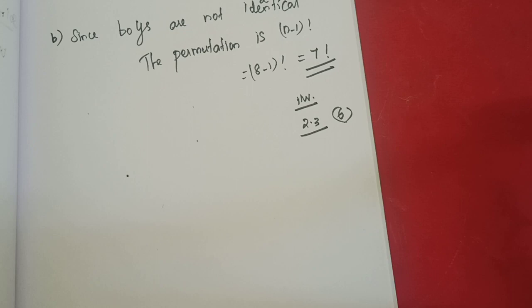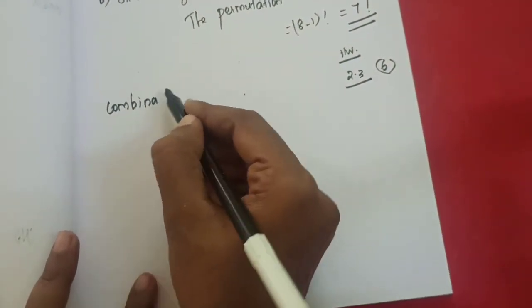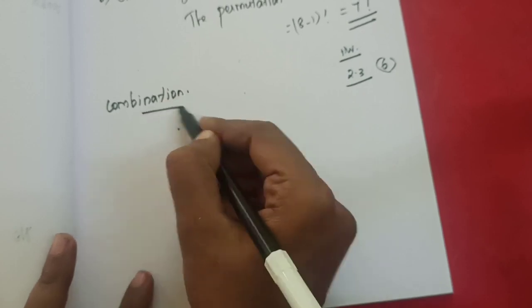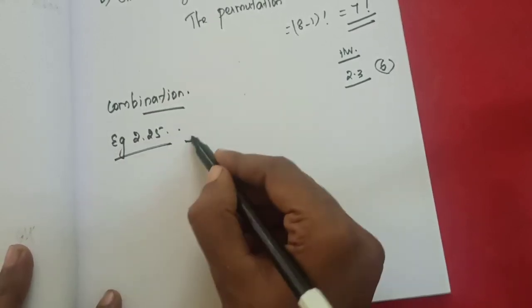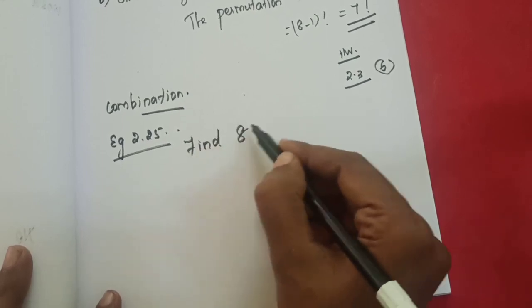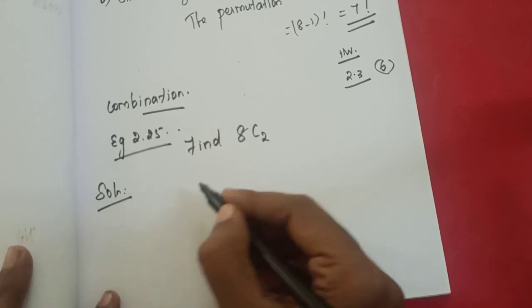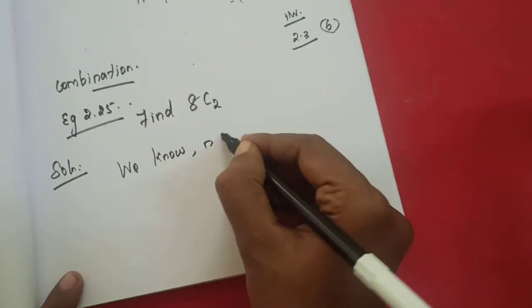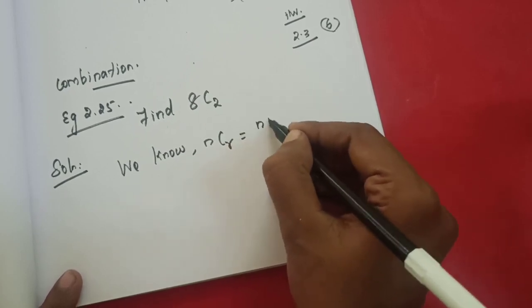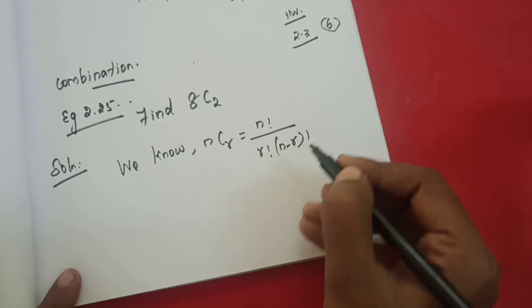Okay, directly I am moving to the problems. So put the heading Combination. Example 2.25: find 8C2. How will you find 8C2? Simple problem. We have learned the formula for nCr. nCr is equal to n factorial divided by r factorial into (n minus r) factorial.